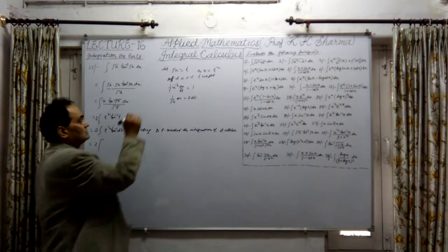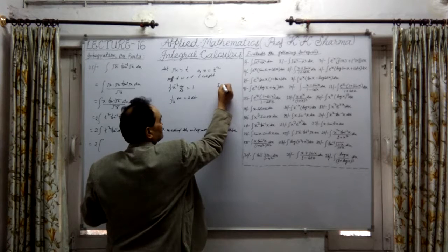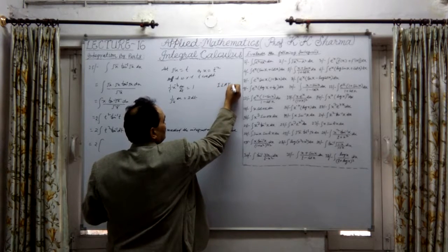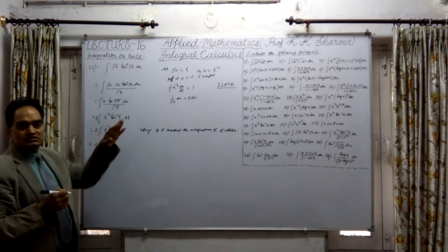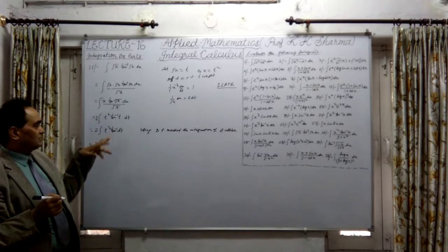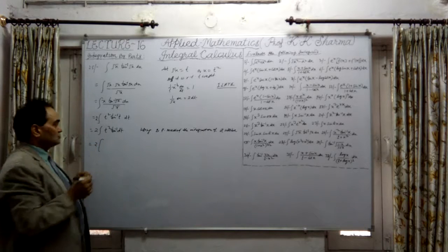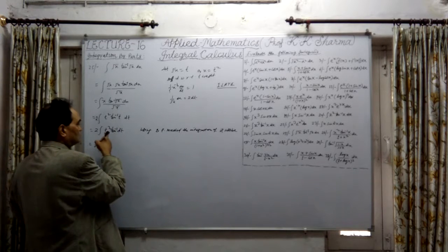I always use the ILATE rule, and I always suggest students use it when they have to decide which function is taken as first and which as second. Through the ILATE method, I means inverse trigonometric function, so this is the first function and the second function is this.